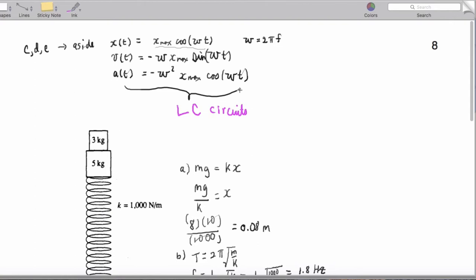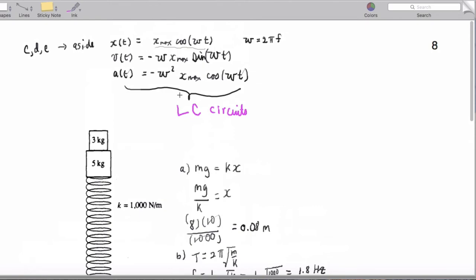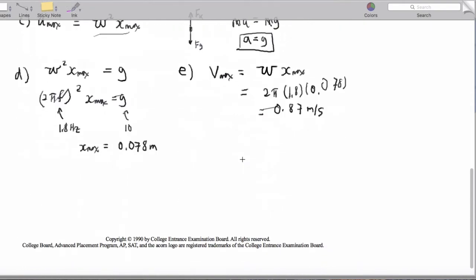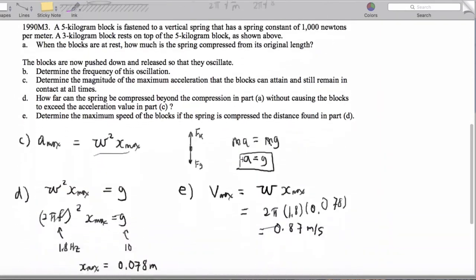So for those of you that are interested in systems involving springs, friction, shock absorbers, it turns out a lot of times when we want to model systems that involve springs and friction and other things, instead of building a mass on a spring, we'll actually create them using combinations of resistors, inductors, and capacitors. But in the meantime, this is parts A, B, C, D, and E of the third question.